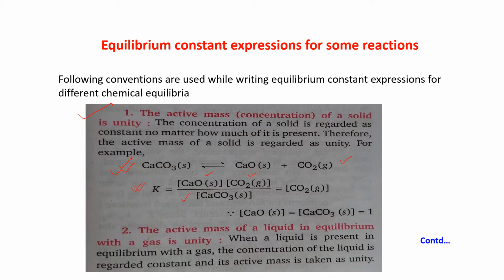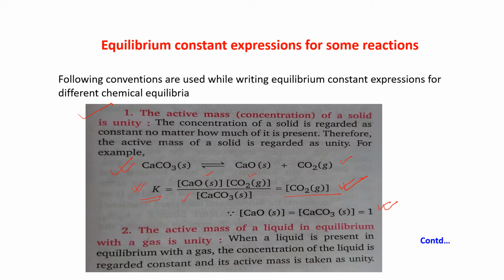Now CaO is a solid and CaCO3 is a solid, so their concentration is taken as unity, their active mass is unity. So its equilibrium constant K is only the CO2 gas and its concentration, active mass.